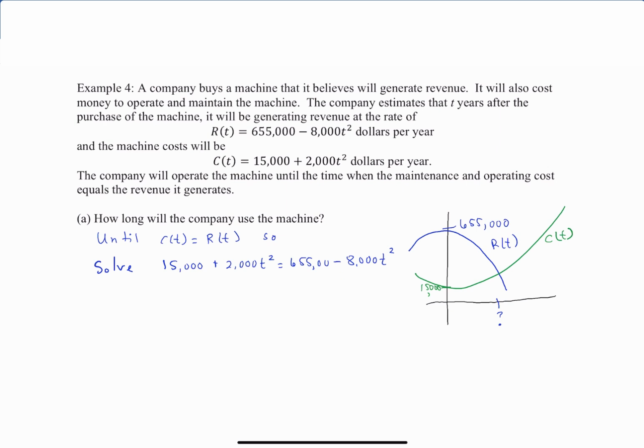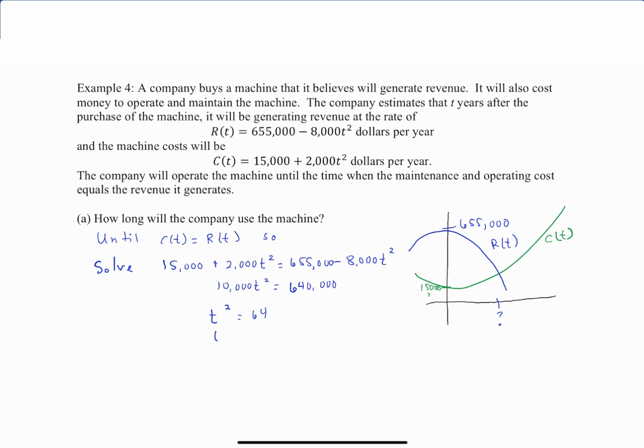On the left-hand side, that'll give us 10,000 t squared. And let's subtract 15,000 from both sides, which on the right-hand side will give us 640,000. Oh, and I see I forgot a 0 in the first line. There we go. Next, we'll divide both sides by 10,000, which will give us t squared equals 64.